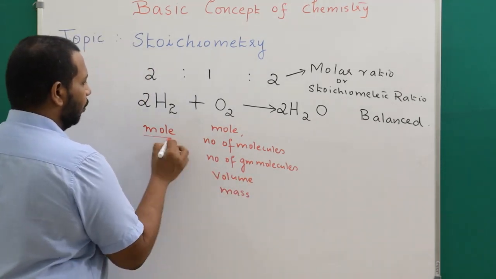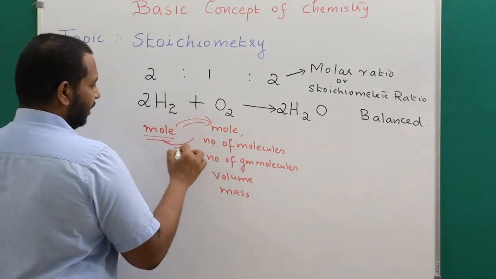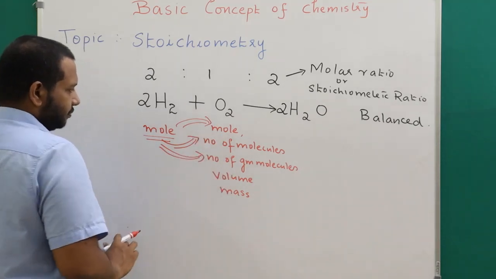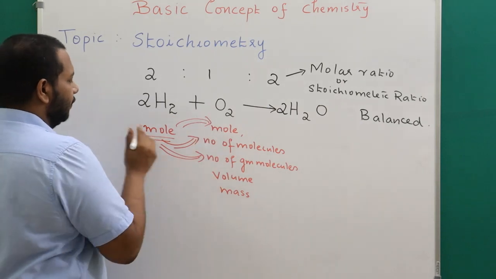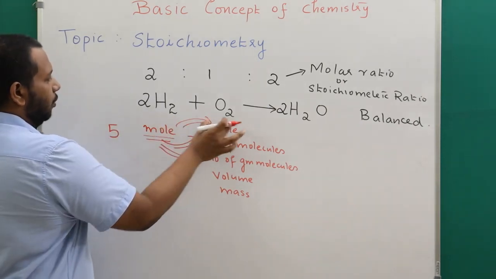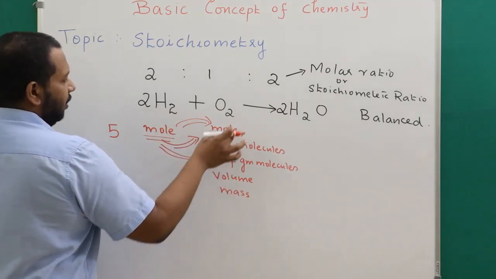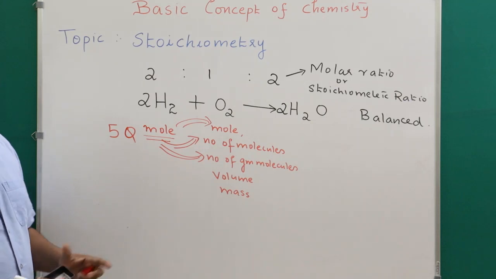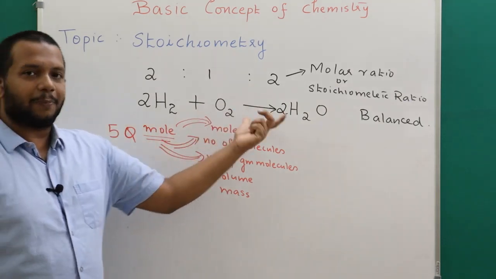So they can give mole here and mole here, or mole here and number of molecules, or like this combination. So tell me how many questions are possible. With mole itself you can create mole, number of molecules, number of gram molecules, volume, mass. So 5 questions can be derived like this. And there are other possibilities also.